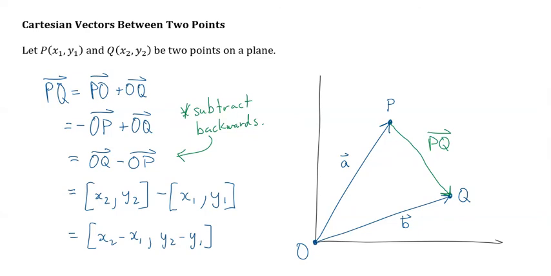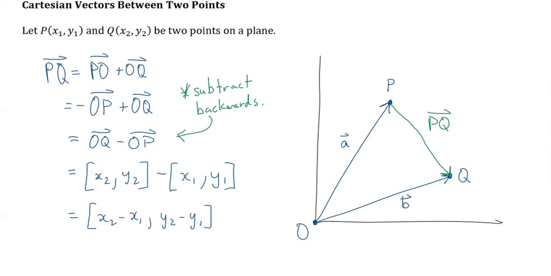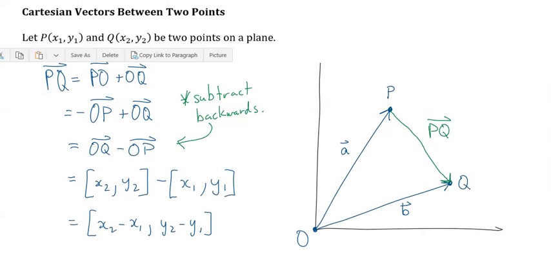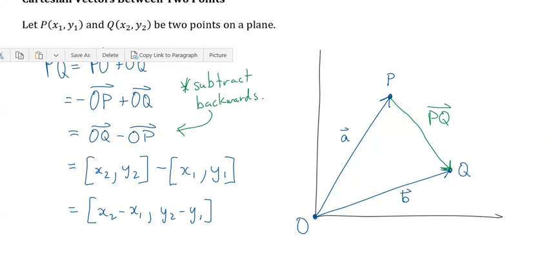So what would the magnitude of PQ be? Well, just using our magnitude formula, it would be the horizontal component squared plus the vertical component squared.